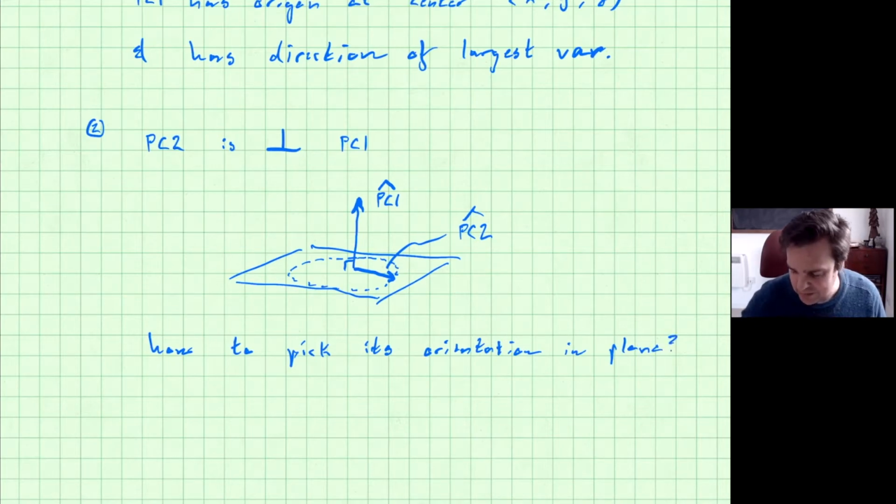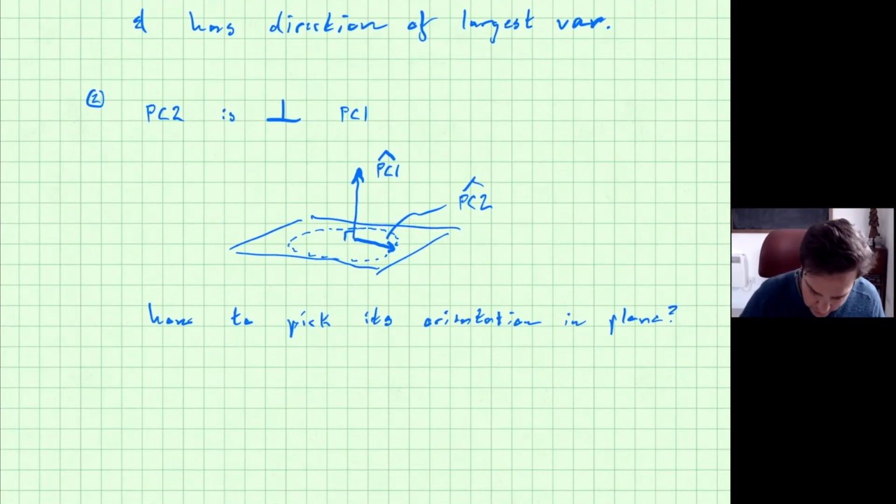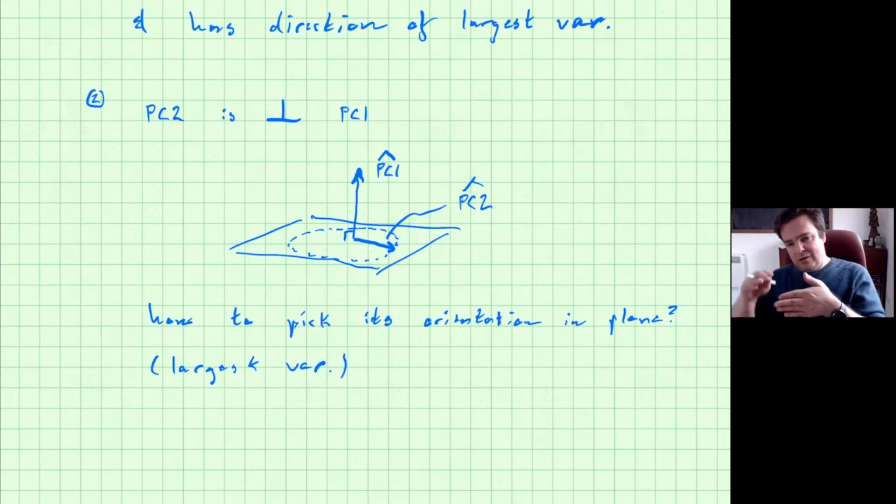It has to be in the plane, which makes it perpendicular to PC1. But then how do you pick the orientation within that plane? Well, we use the same rule as before, largest variation or variance. So you put it down there, project the data onto it, compute the variance, try another one, compute the variance, and so on, until you find the one that has the largest variance. And that's the direction you choose for PC2.